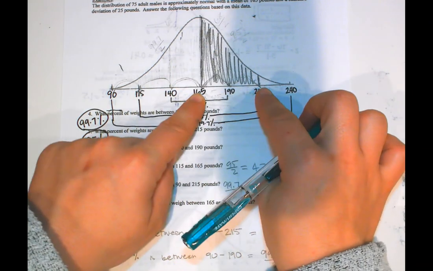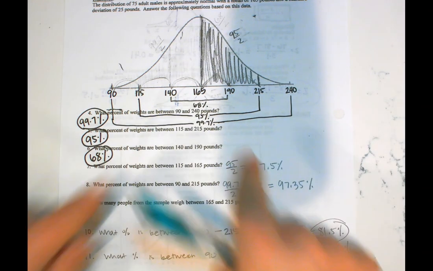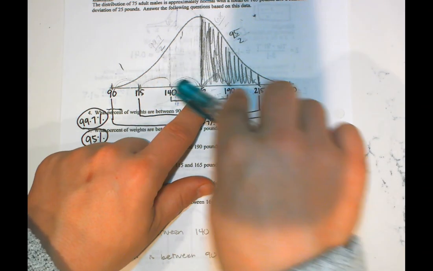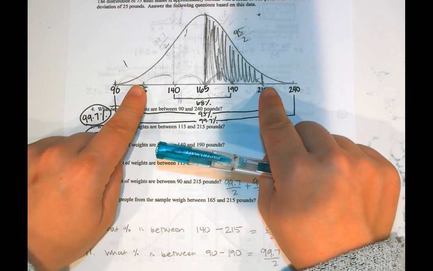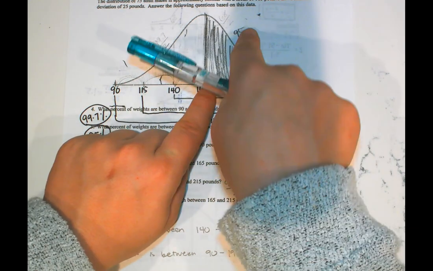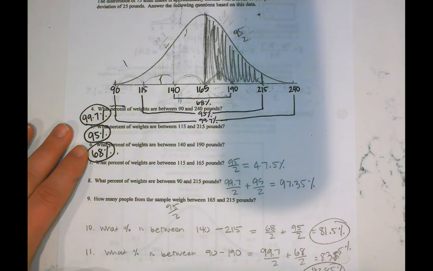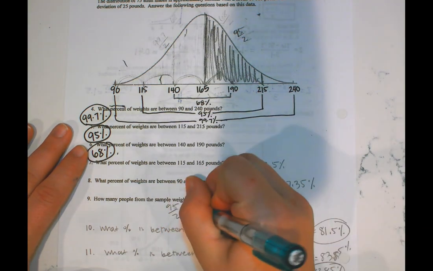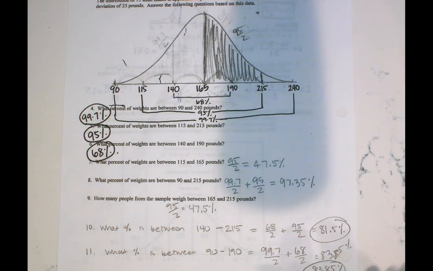So I'm going to do my empirical rule, which is 95 divided by 2 to represent that shaded region, because I didn't go 2 standard deviations this way. 95% go from here to here. Since I only did half of that, I divide 95 by 2, and I get 47.5%.